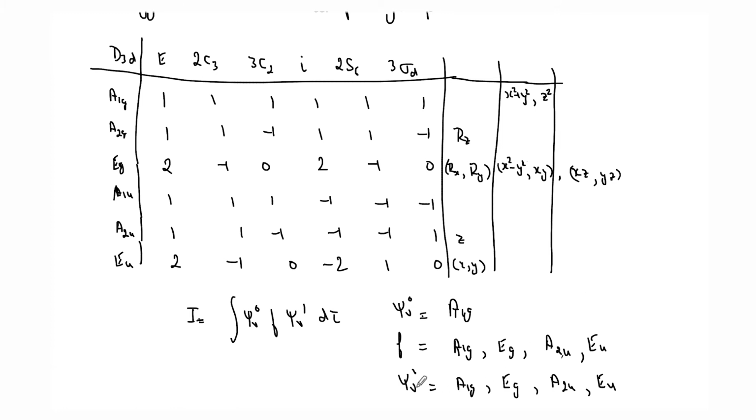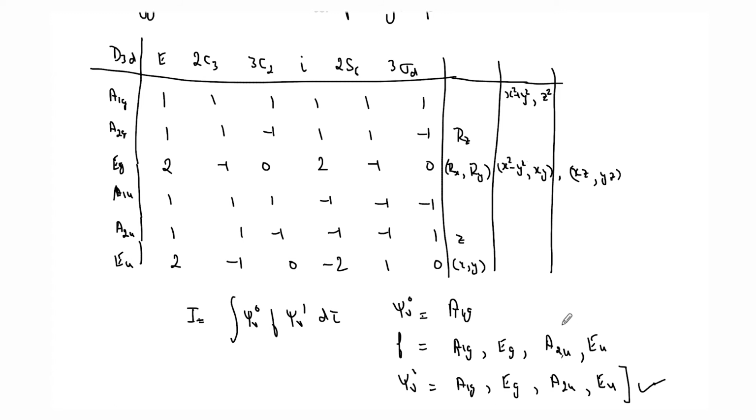So combinations of psi v1 as a1g, eg, a2u and eu will only give a1g, and that's how these will be your correct answers.